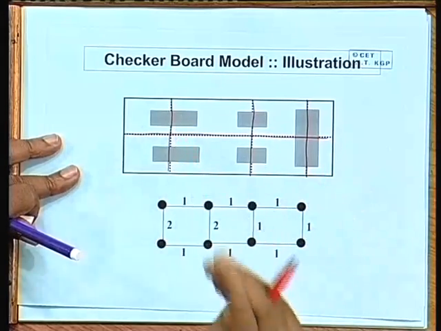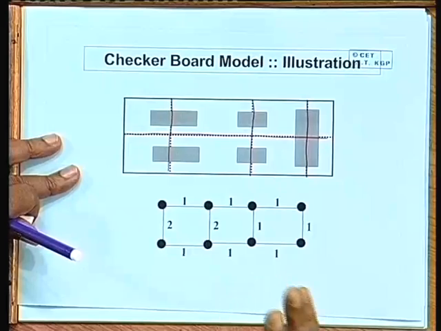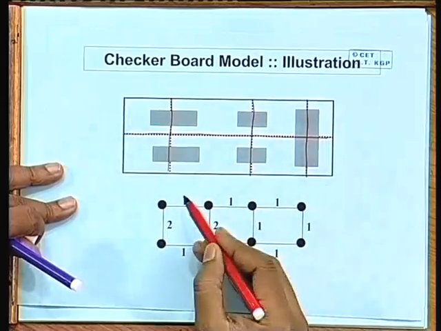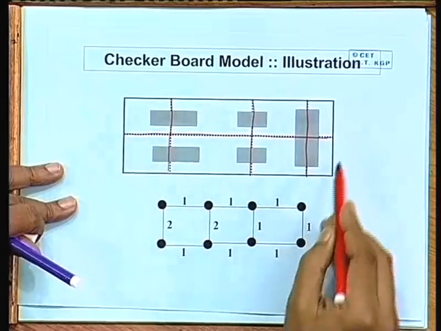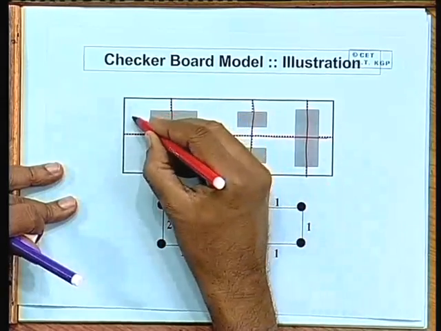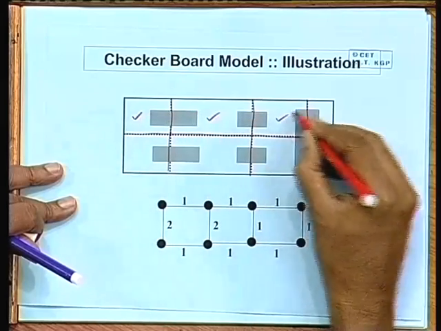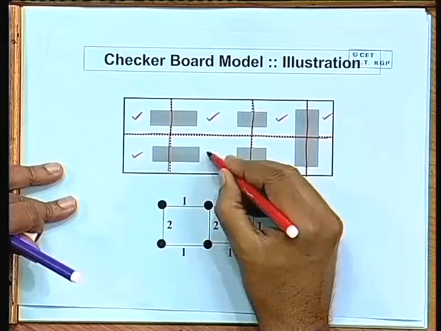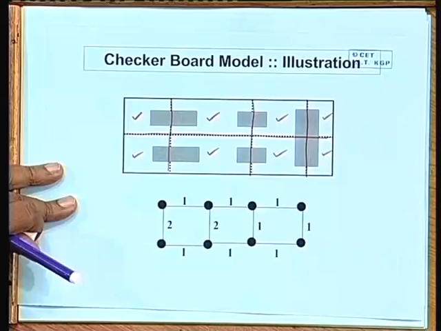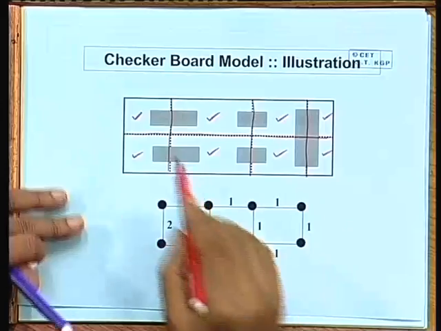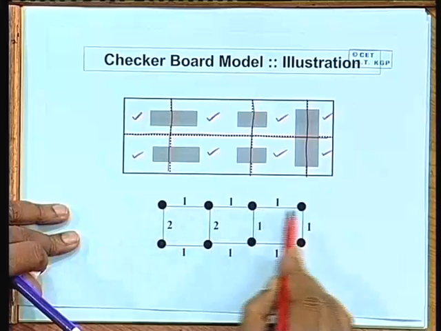Each obstacle must be cut at least once. These are the requirements. Now, these imaginary lines break up the total layout space into 8 regions. In the graph, these 8 regions correspond to the vertices.